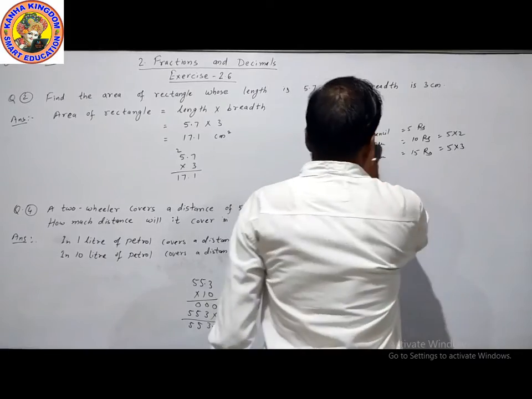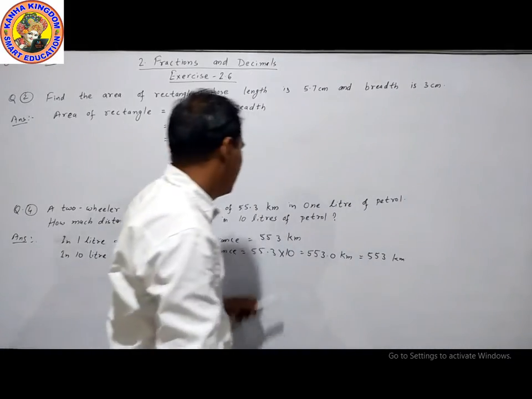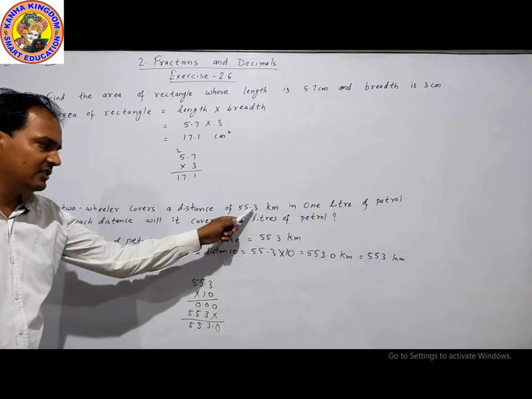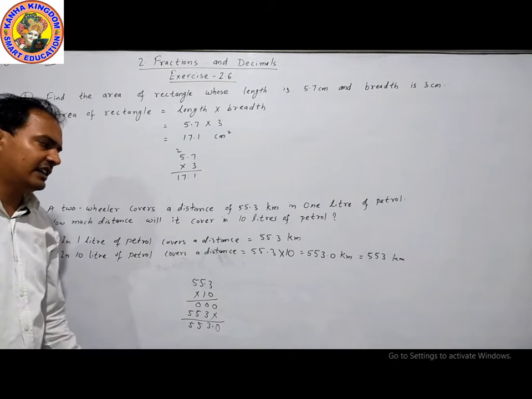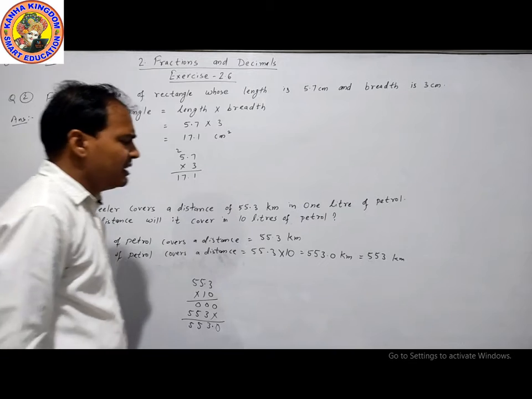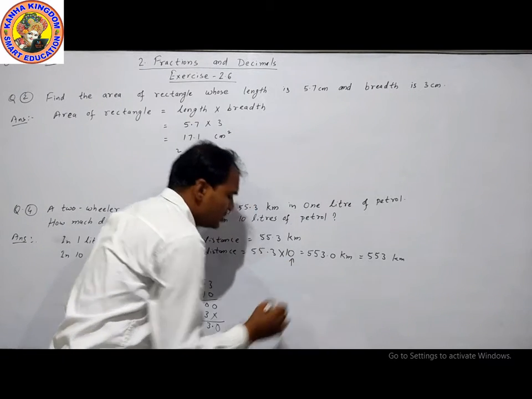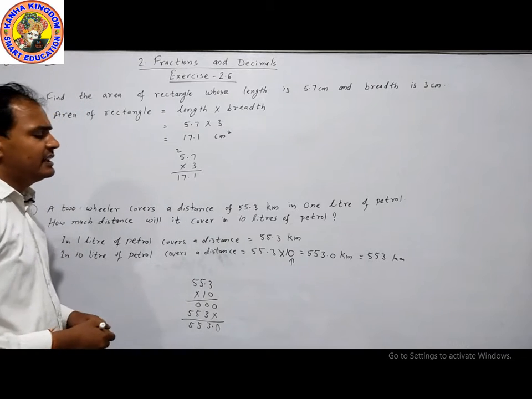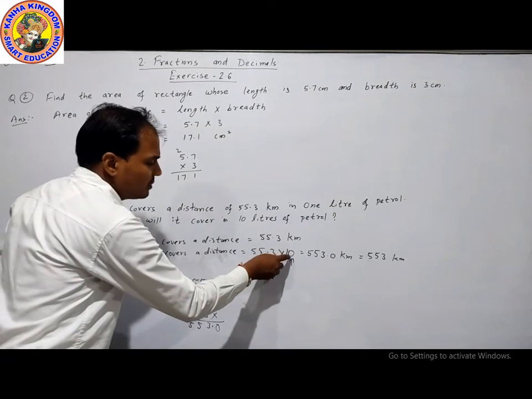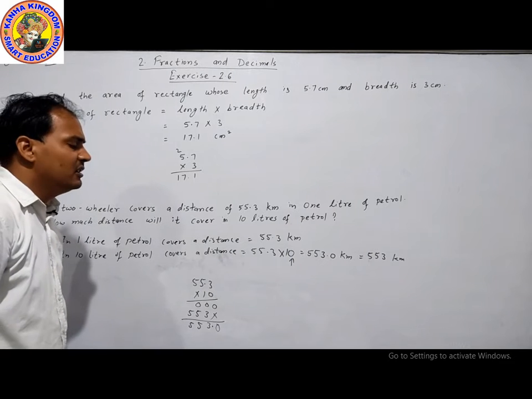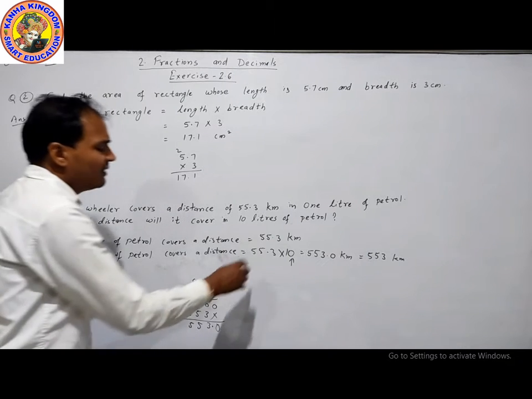So in 1 liter the distance traveled is 55, in 10 liter this will be multiplied by 10. Directly we can say how many zeros will shift the decimal point. Here is 1 zero, so this will shift the decimal point by 1.